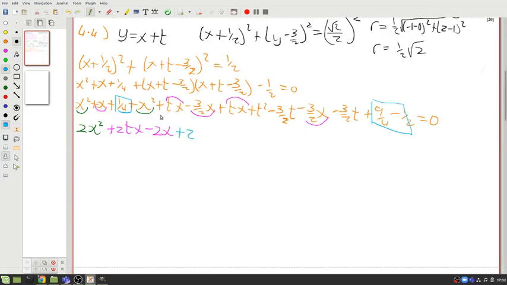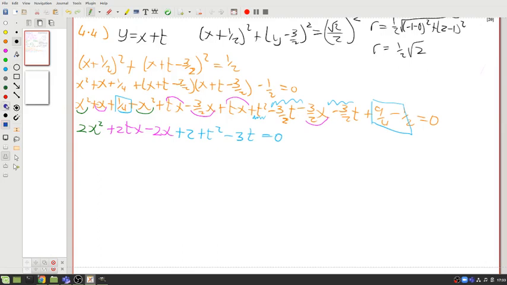So 2, and then everything that has the t's. So t squared, it's the only t squared we have, and negative 3 over 2t minus 3 over 2t is negative 3t, equals 0. Now it looks a little bit more manageable.